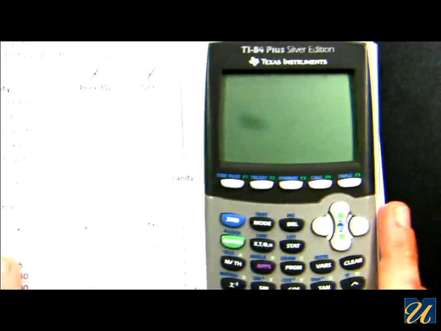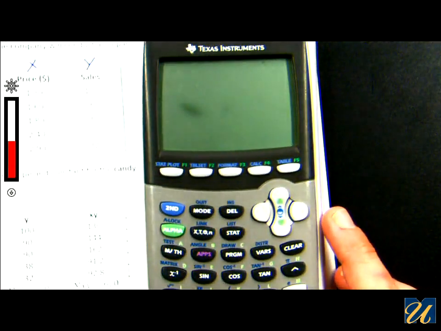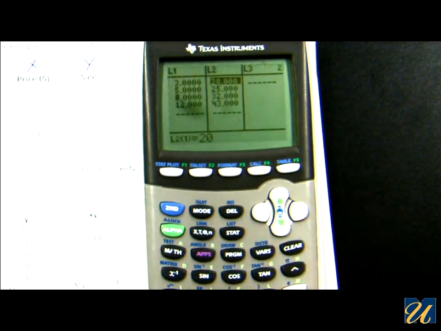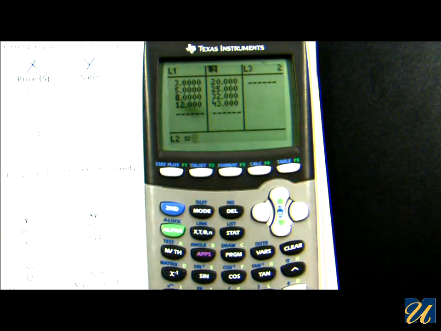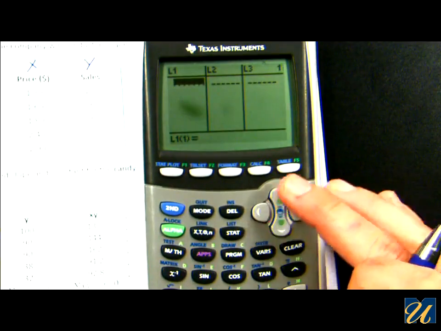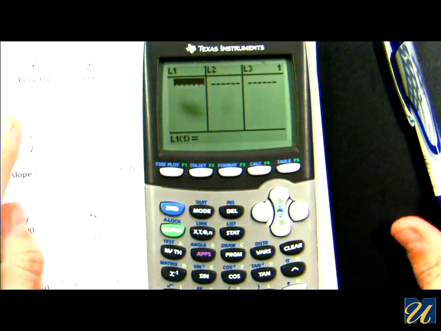So first thing we will do is enter our entries in our graphing calculator. So, stat, edit. We will erase the previously entered entries. Clear enter for L2, clear enter for L1. L1 are our x values, L2 are your y values.